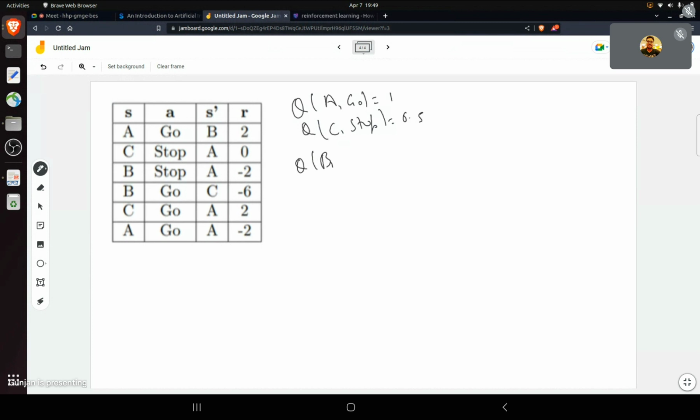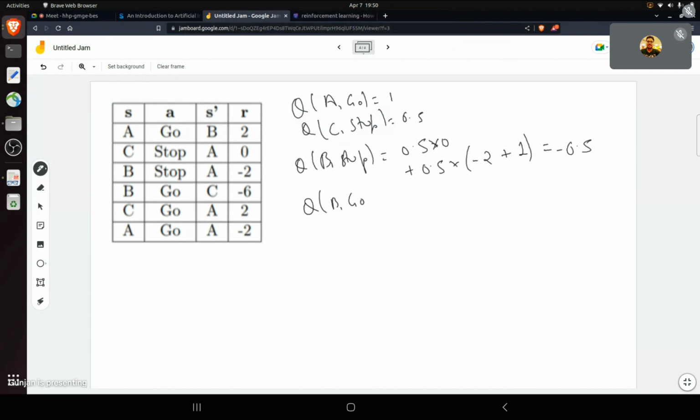This will be equal to 0.5 times 0 plus 0.5 times the reward, that is minus 2, plus max of Q over A values. So Q over A values is 1, so it will be minus 2 plus 1, and this will be minus 0.5. So Q B comma stop is minus 0.5.